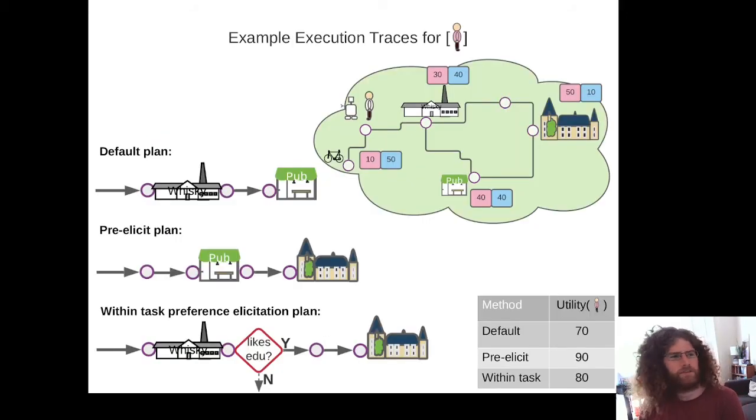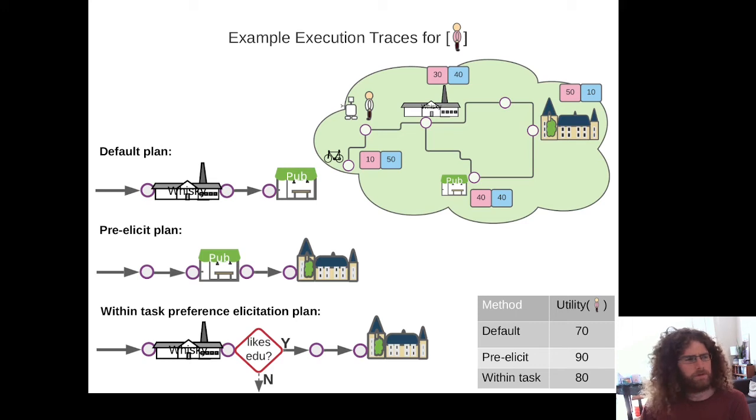So if we consider another example, just consider what happens for the pink jumper during execution. If we're using a default plan where elicitation isn't possible, then the plan might have, for example, the whiskey distillery and the pub, because they're pretty good on average for both types.